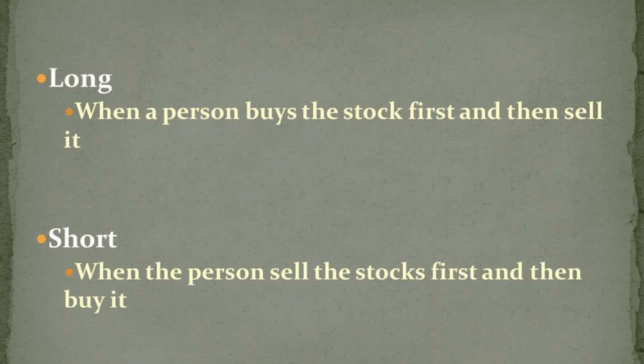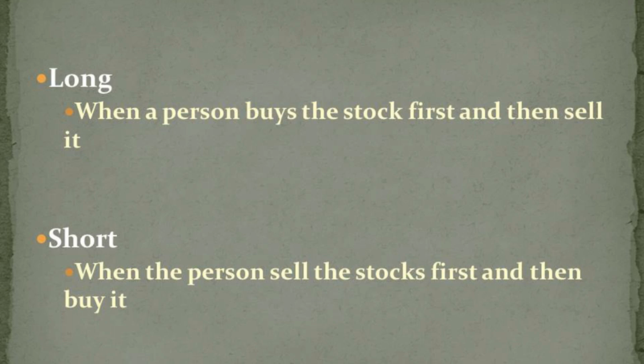For example, I am expecting TCS is coming up with a buyback of securities. Its share prices would go up. What will I do? I'll buy the share, keep it with me, and after that I'll sell it. This entire procedure of first buying and then selling is called long. What is short?